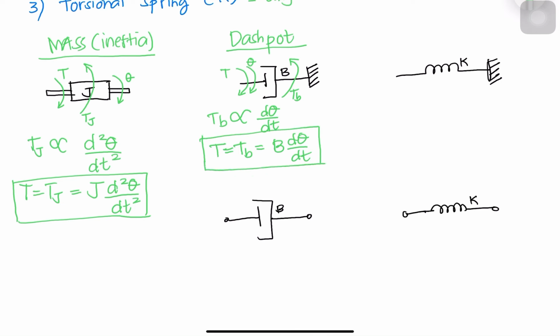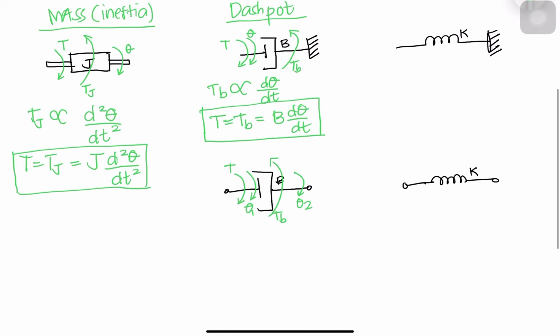For case 2, if we apply a force or a torque here, we will have angular displacement 1 and angular displacement 2. And this is the opposing force, TB.